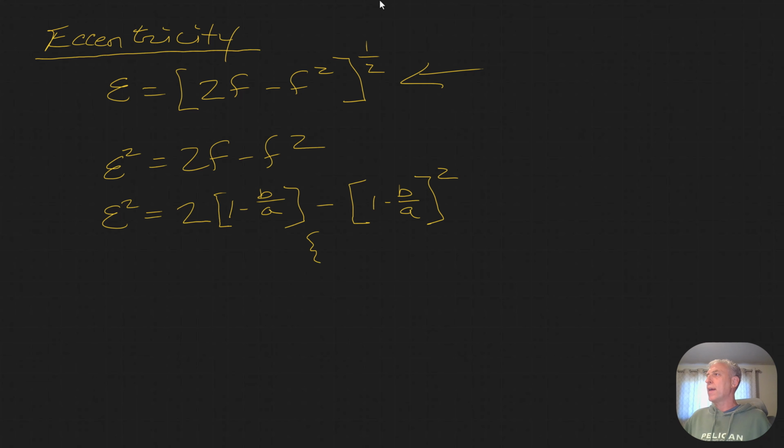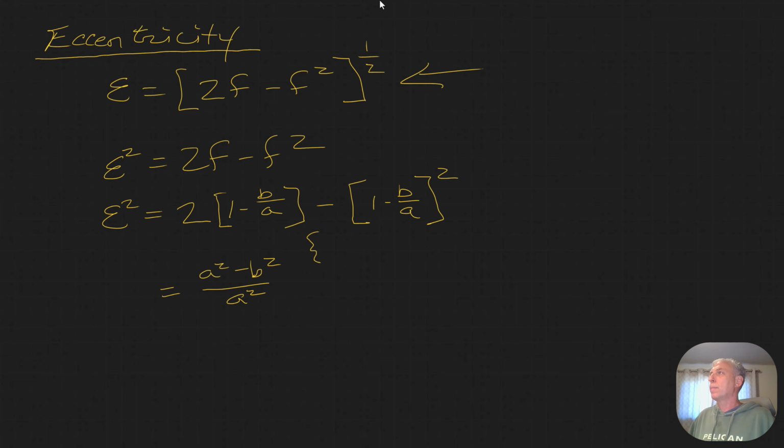And if I do that math, then we find that the first eccentricity squared is equal to a squared minus b squared over a squared. So the a's and b's are still in there.